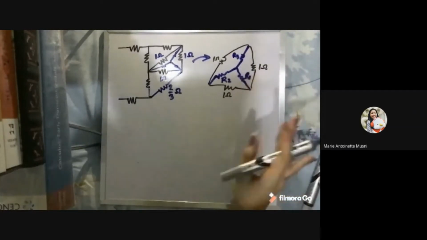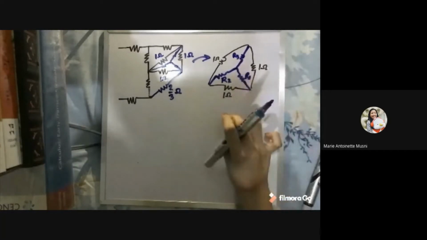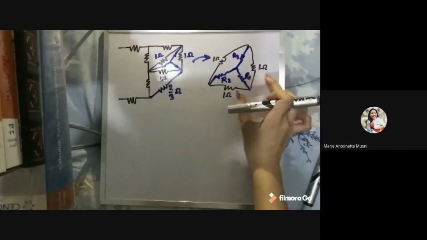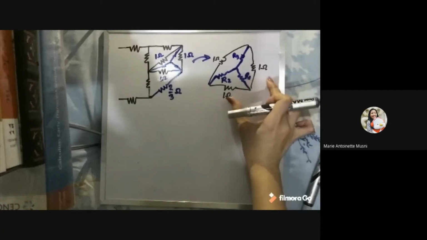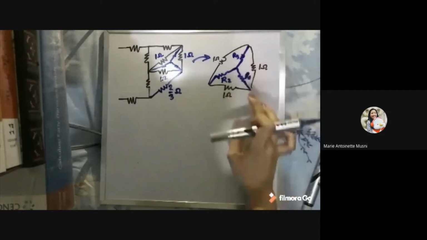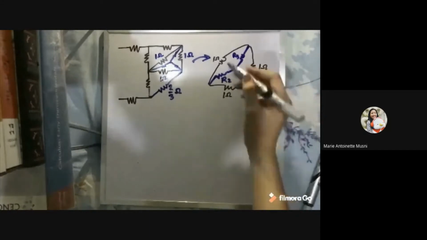Now remember our delta to Y transformation formula: if we're getting the resistance for R1, we're going to multiply its adjacent resistors all over the sum of the resistors around the delta connection. So that's 1 times 1 over 1 plus 1 plus 1.